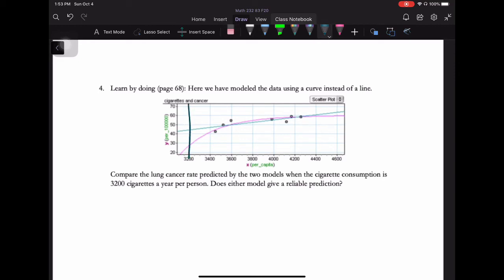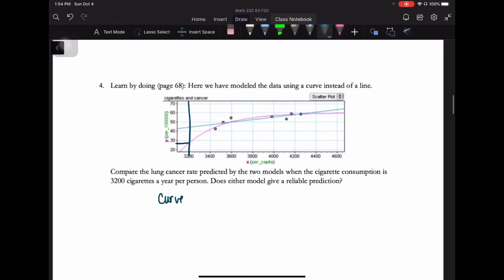For the curve, you're looking at about 28, and that's 28 per 100,000, so 2,800,000. And the line gives a prediction of about 44, so 4,400,000.